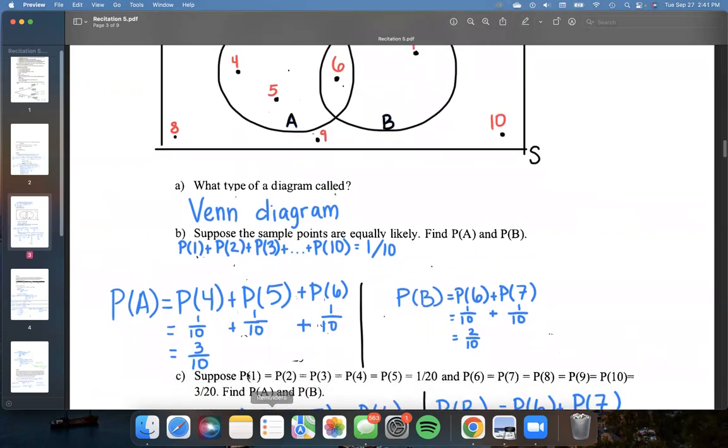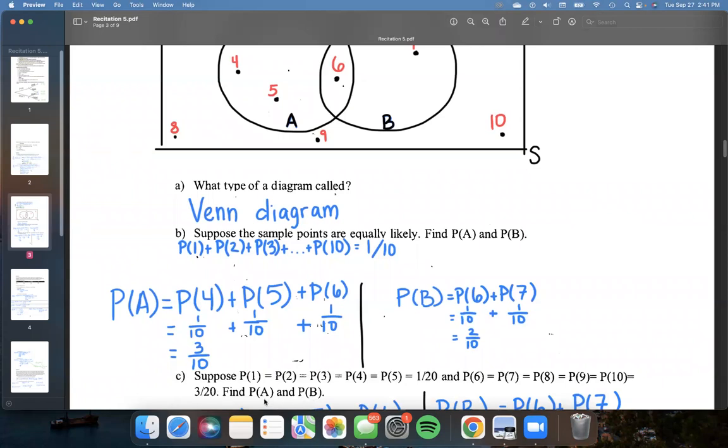All right. Now suppose the probability of 1, the probability of 2, the probability of 3, and the probability of 4 all equal each other, the probability of 5 is 1/20, and the probability of 6, the probability of 7, the probability of 8, the probability of 9, the probability of 10 is 3/20.